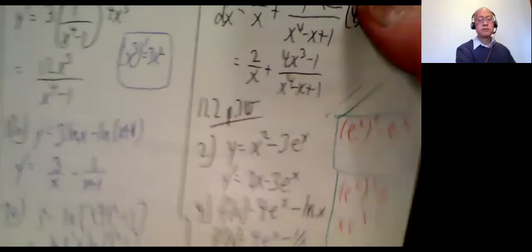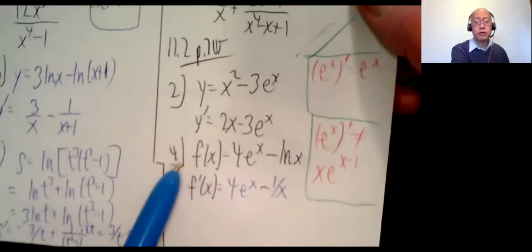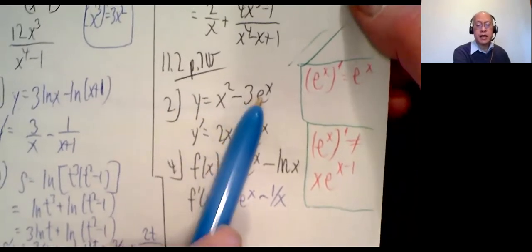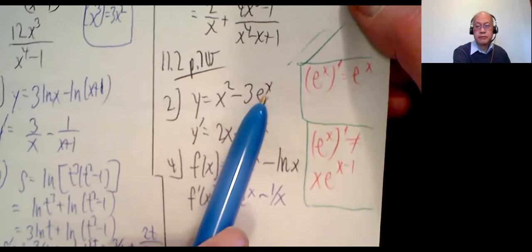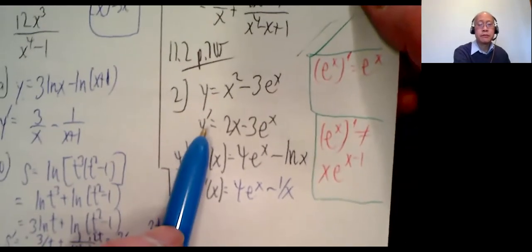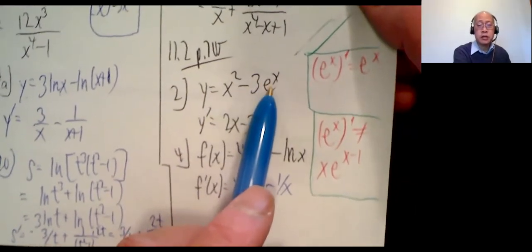Number 2, which will show you how to do number 1. Number 4 will show you how to do number 3, and so on. Find the derivatives. y equals x squared minus 3e to the x. y prime. Derivative of x squared is 2x. Okay. This is a constant times a function.